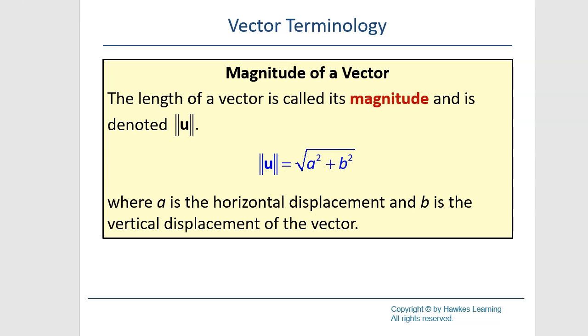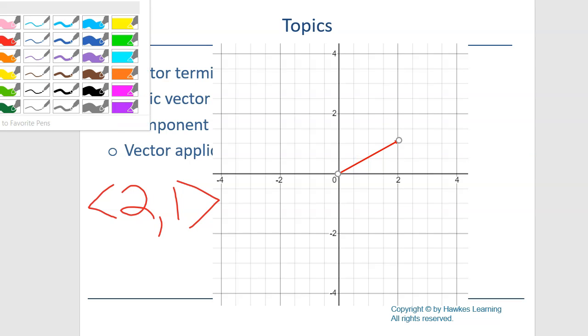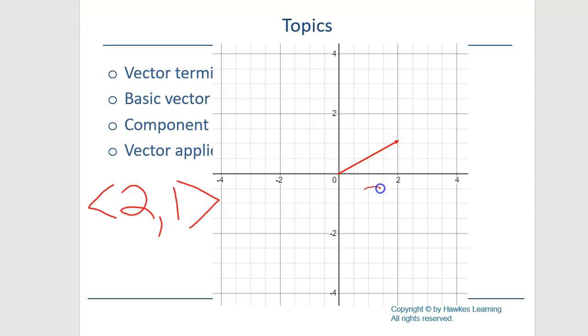Well, let's look at this picture again. This is the a, this is the b when we use this notation. If you look right here, this is our 2, and this is the 1, this dashed line right here, and it's because this is just a right triangle. This would become the hypotenuse of that right triangle, and this would be the square root of 2 squared plus 1 squared.